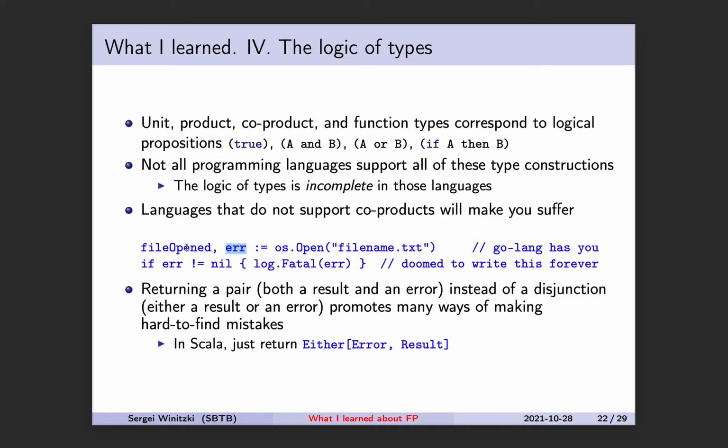You return first error and then result, but you don't notice. That could happen. Or you forget to check, so you say error is not equal to nil, but actually you should have checked that it's equal to nil or something. The compiler will not help you checking this. So that's the kind of thing that happens if your programming language does not support coproducts or disjunctive types.